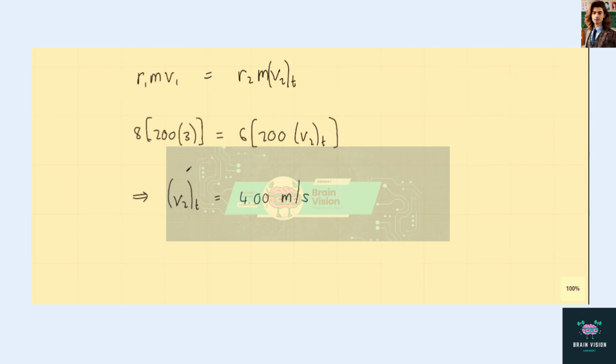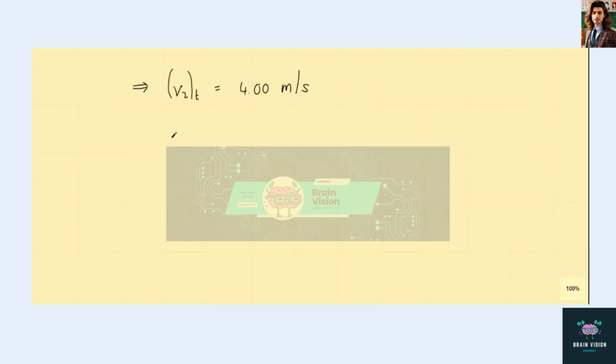So we have the tangential component, and we are given the radial component to be 0.5 meters per second. And so therefore we can find the resultant speed of the ride v2, and this is simply the square root of the tangential component of the velocity squared plus the radial component of this final velocity squared.